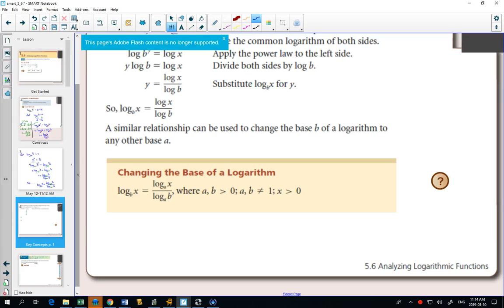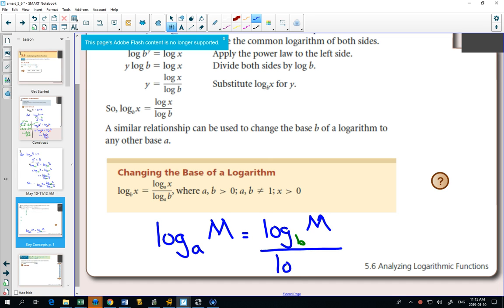It says log a of capital M is equal to log b of M over log b of A. It means we can take any log with any base, the base is A, and change it to a different base.